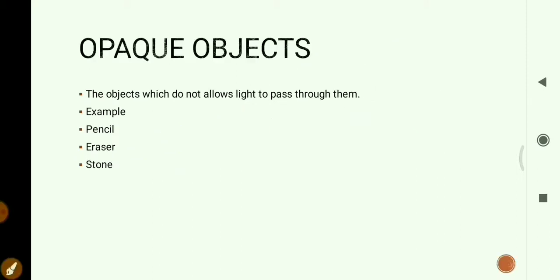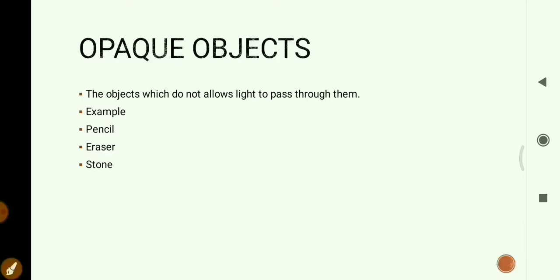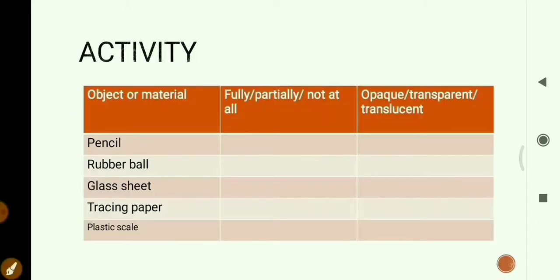So what are opaque objects? Objects which do not allow light to pass through them. For example, pencil, eraser, stone, notebook, cloth. These are all examples of opaque objects. Here I have given one activity for you.